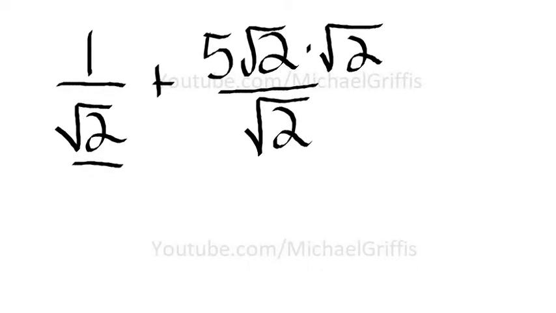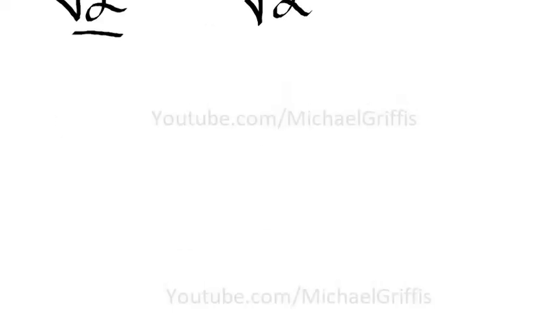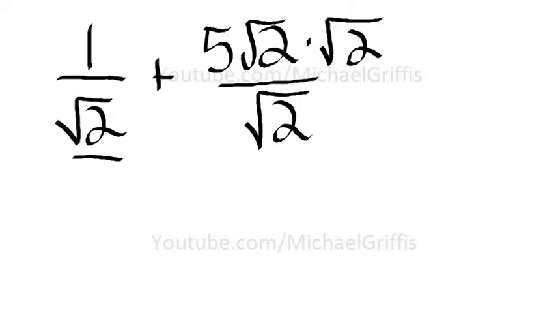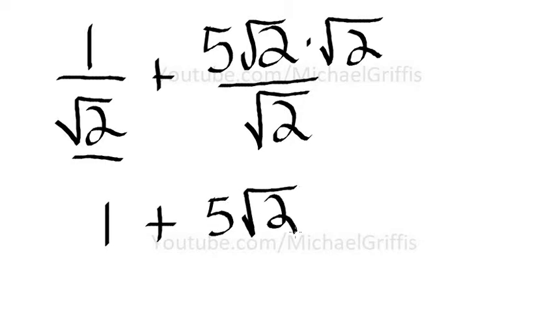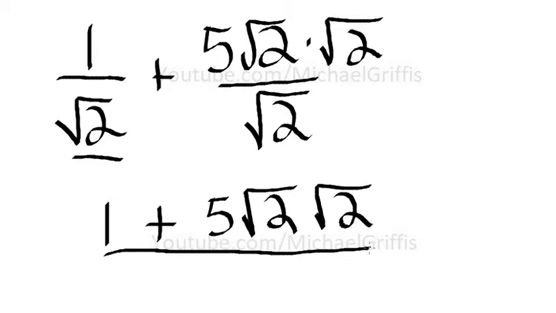Now we have common denominator. We can go ahead and add the numerators. 1 plus 5 times the square root of 2 times the square root of 2, and it's all over the square root of 2. But of course we wouldn't leave it like that.